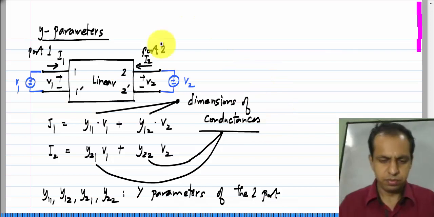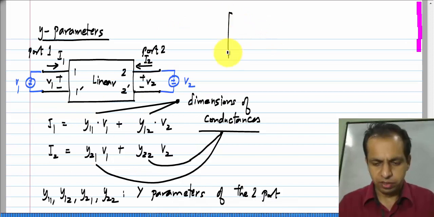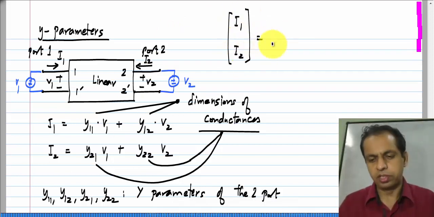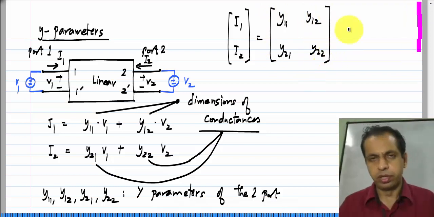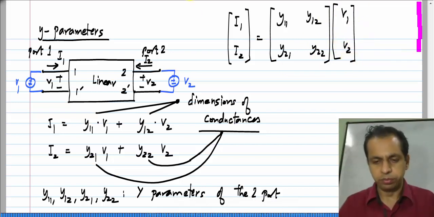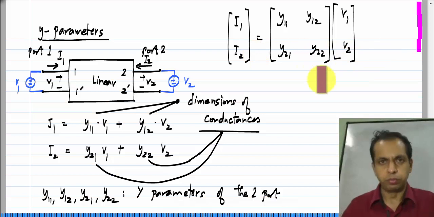Now, this relationship can also be expressed more compactly if we write the two currents as a vector of length 2, and we have y11, y12, y21, y22 arranged as a matrix times the vector of voltages V1, V2. So, I1 is y11 times V1 plus y12 times V2, I2 is y21 times V1 plus y22 times V2.